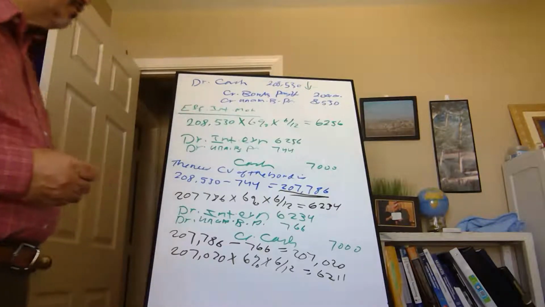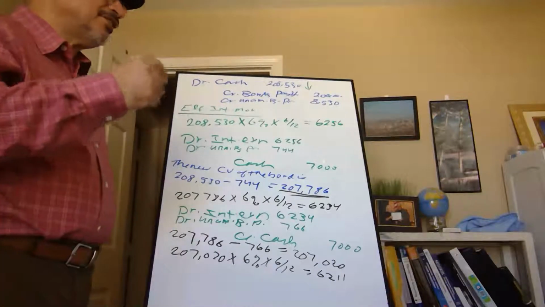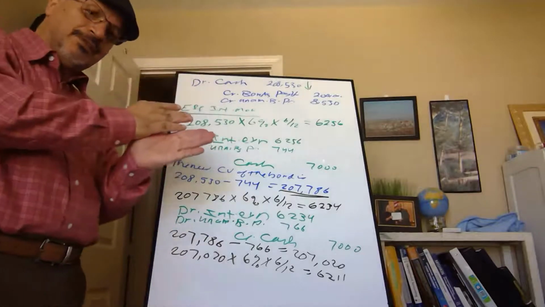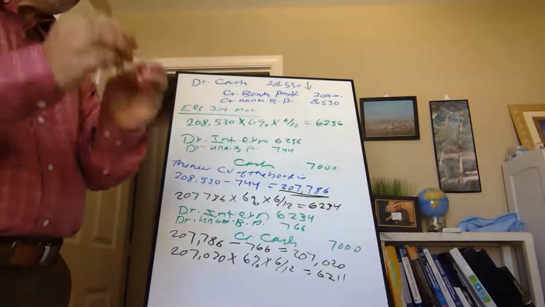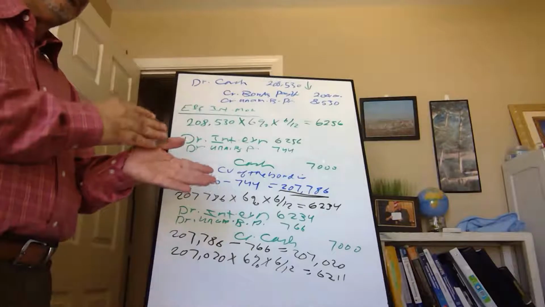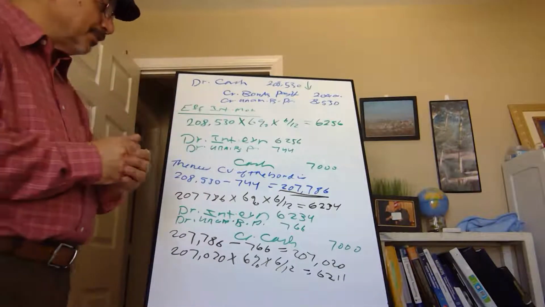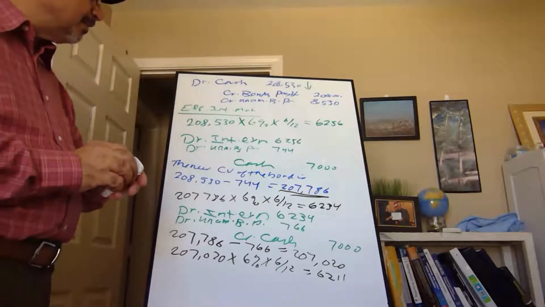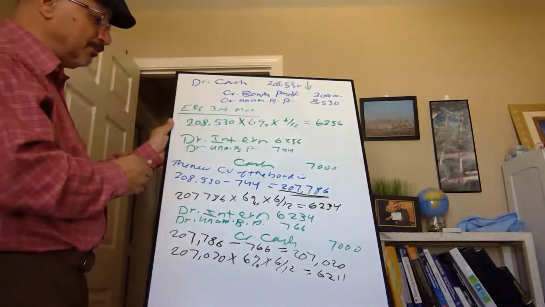So amortization means we see the effect of discount or premium on the interest expense. When we do the payment of interest, we will see how much the interest expense is. Okay, that's the end of the amortization of bond discount or premium.